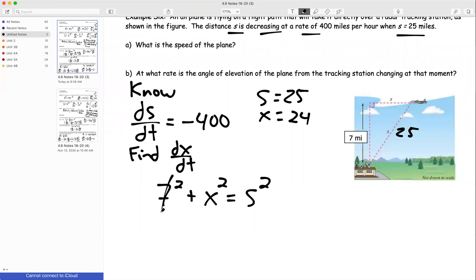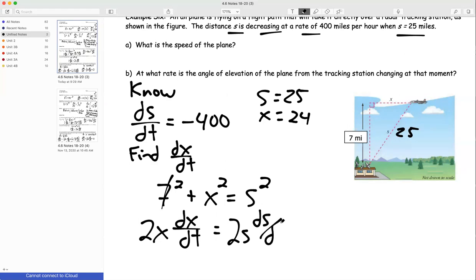And now I'm going to differentiate. The derivative of x squared is 2x dx, I gotta tag it, so it is 2x dx dt. And the derivative of s squared would be 2s ds dt. Tag your variables.